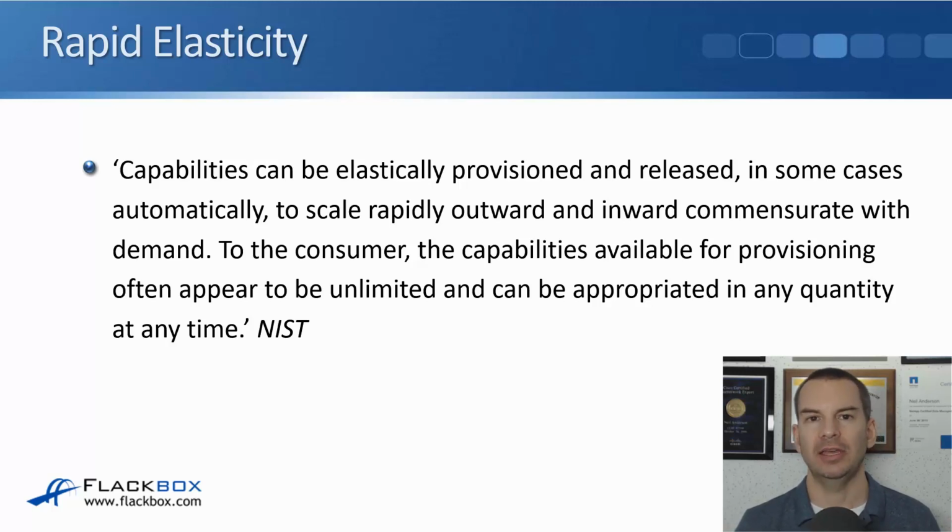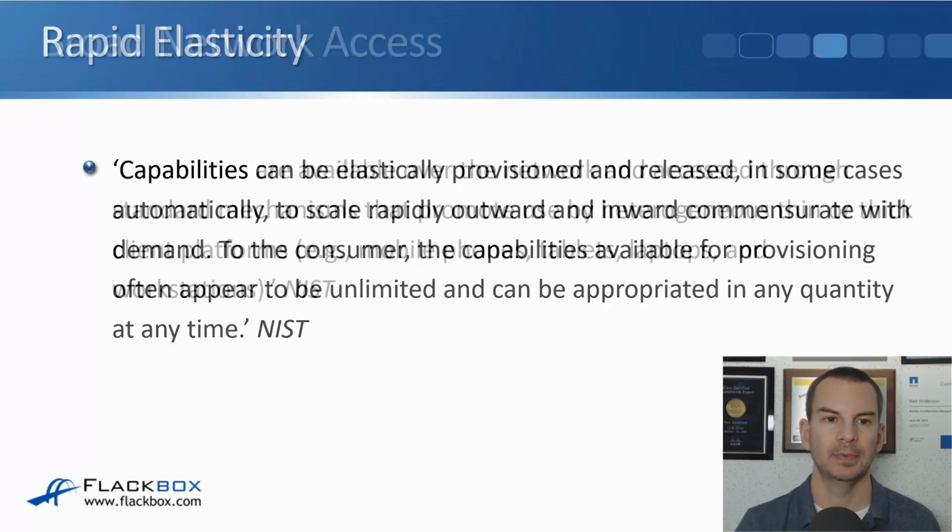So what elasticity is, you can think of it like an elastic band where you can pull it apart and then it will stretch back again as well. With elasticity, you can provision the amount of resources that you require very quickly. You can very quickly scale out when you need more, and you can very quickly scale back in when you need less, and you only pay for what you're using at the time.